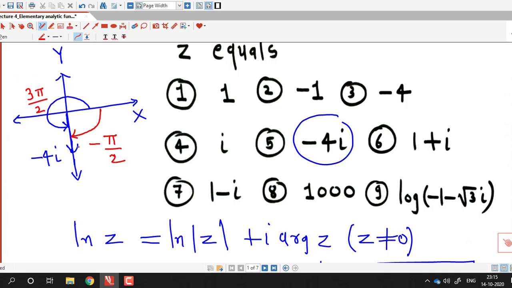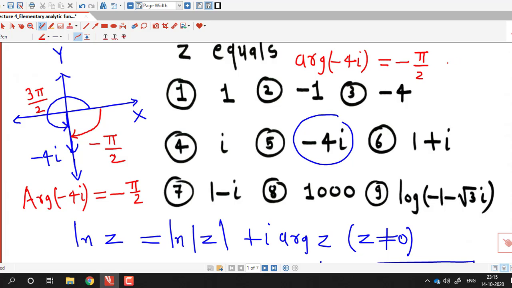So the principal argument of minus 4i is going to be minus pi by 2, and the general argument we can write as minus pi by 2 plus 2n pi, n is any integer. It is better to find the principal argument of a complex number whenever we are dealing with general and principal logarithms, because the principal argument is going to work in both cases.